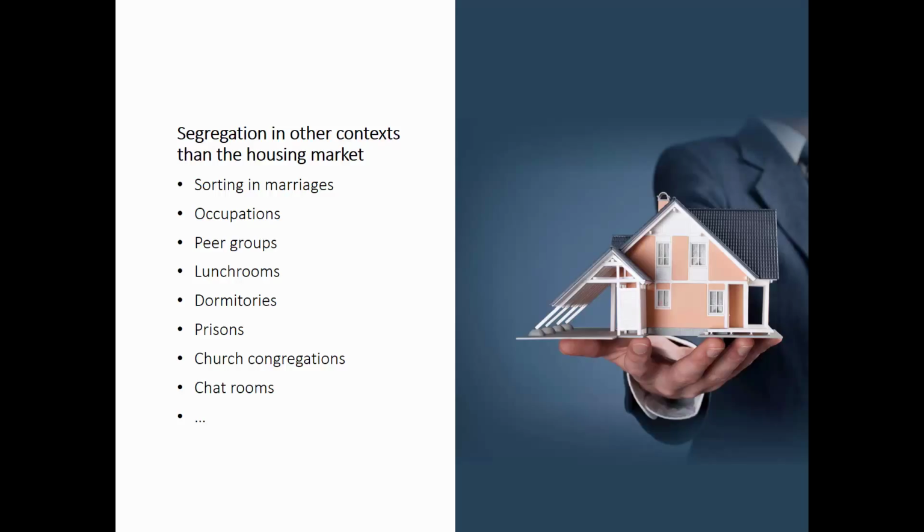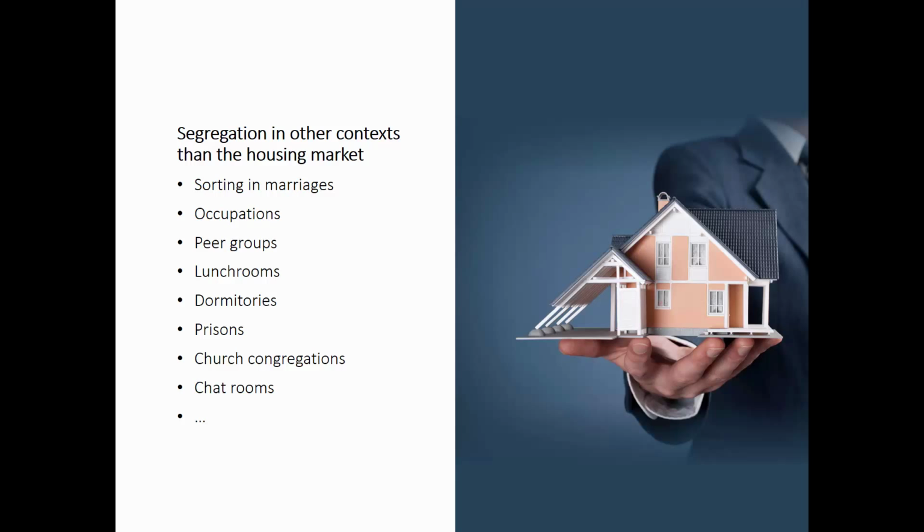I once did a study on this, funnily, actually. Dormitories, prisons, churches, chat rooms. So it's a general idea about individuals sorting themselves into certain groups that you can apply to many different domains. Okay, now let's come back to the residential segregation part.